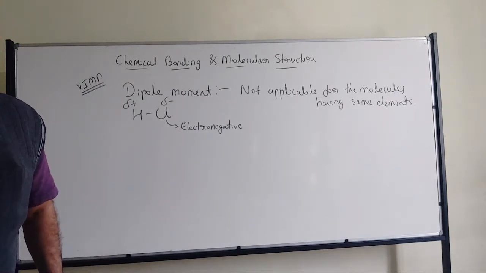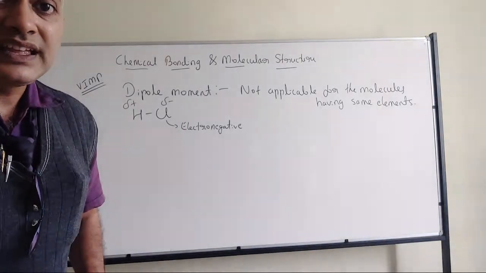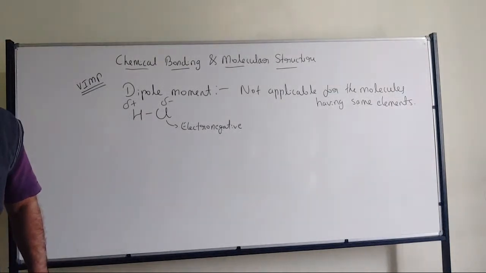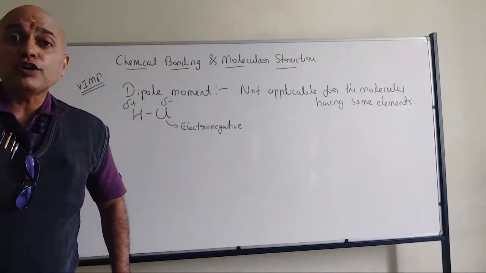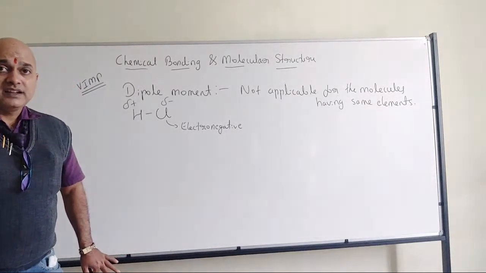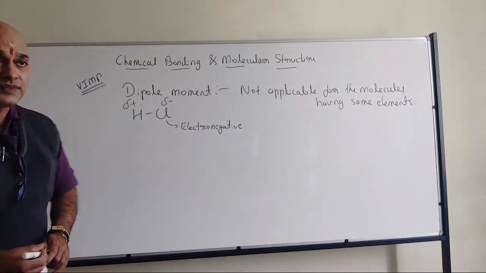And chlorine is an electronegative element. Yes, Sanjay, it is the potency or capacity of an element to attract the electron towards itself in a covalent bond. That's why chlorine is electronegative.